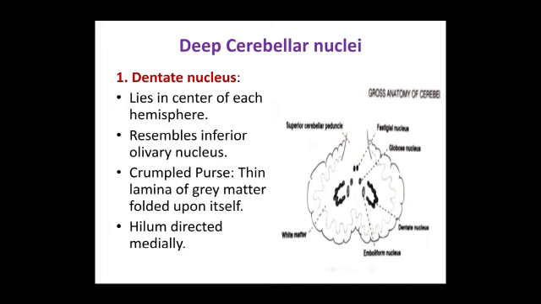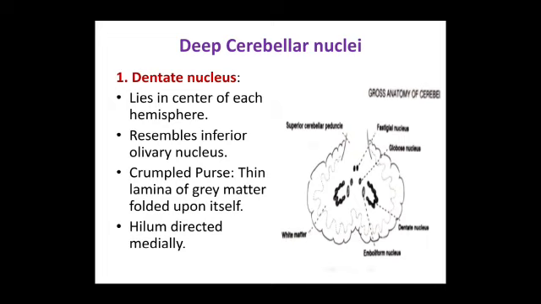Now we'll take up each of these nuclei separately. The dentate nucleus lies in the center of each hemisphere. It resembles the inferior olivary nucleus, so it has a crumpled purse-like appearance. It contains a thin lamina of grey matter folded upon itself.